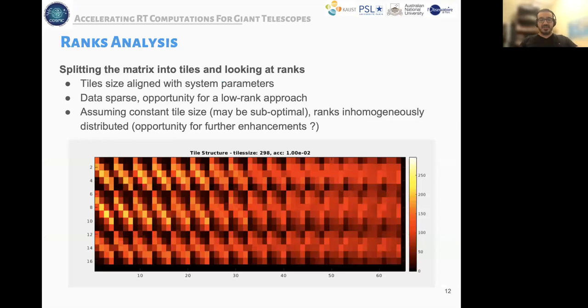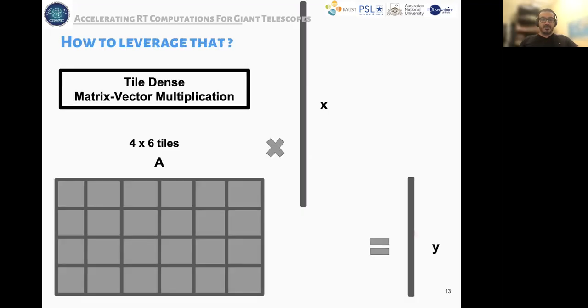If you take a sample of that matrix, split it into two-dimensional tiles, and do a singular value decomposition just to identify how much information is important to keep within each of those tiles, you can realize that we're dealing with a matrix that is data sparse. So there is clearly an opportunity for a low-rank approach, and this is something that we want to leverage.